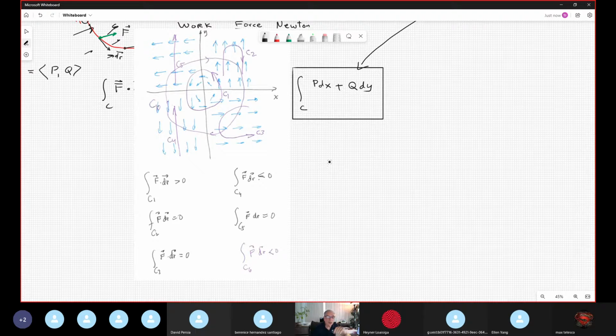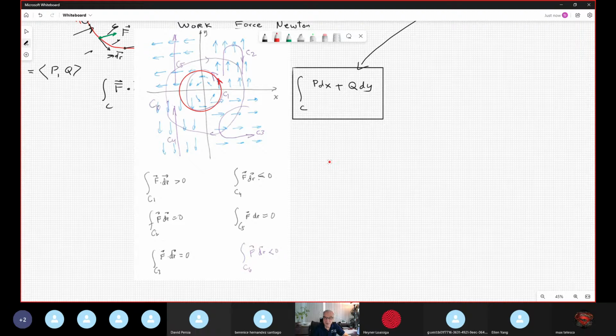Suppose C1 is this curve, C1. So now when you travel in this direction, you go in the same direction as the vector field.